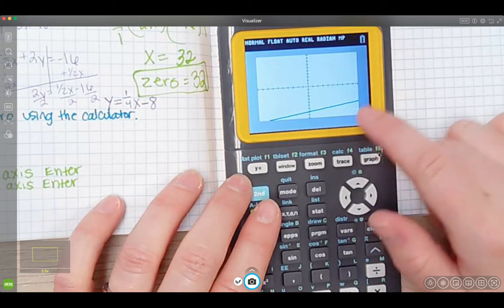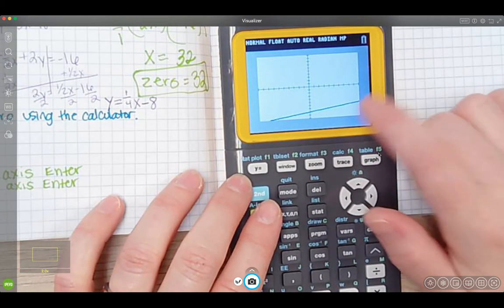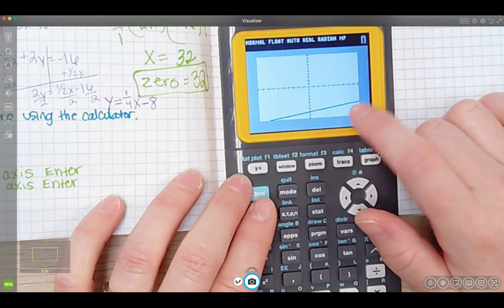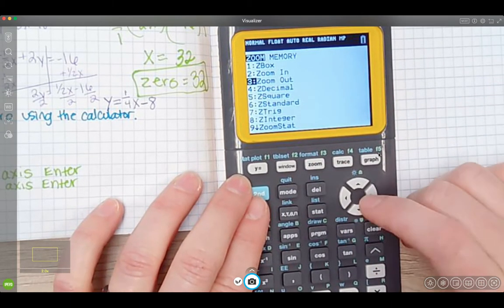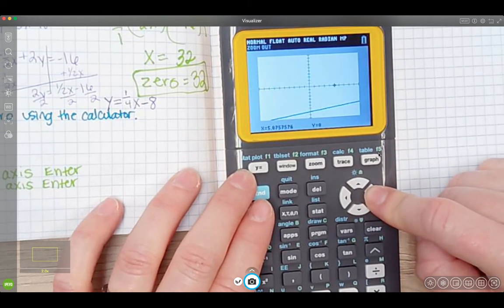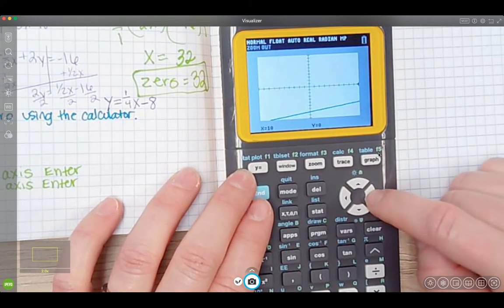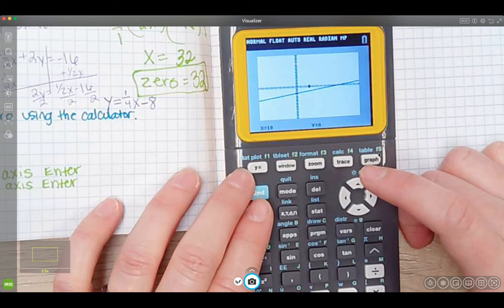Can I even see my x-intercept? Yeah, it matters. I'm going to have to see it. So what do I need to do? Zoom out. Where do I want to zoom out? The center, or do I want to scoot it over here more? I'm going to scoot it. Can we see it now? Yes.